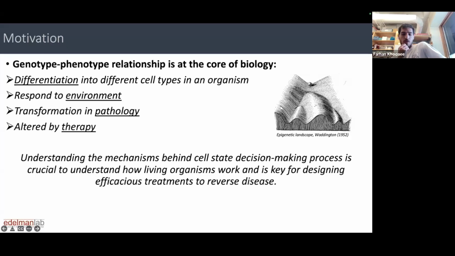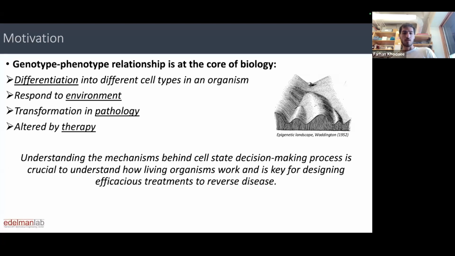We have different types of cell types. We know different tissues and all of these things, and that's basically what boils down to the genotype and how it emerges to become phenotypes. But also in the context of pathology, we know a lot of diseases are related to that, and any therapy that we design is going to be basically targeting those gene relationships to fix the phenotypes that we expect.